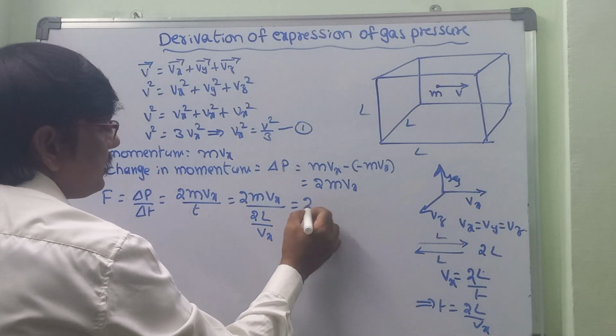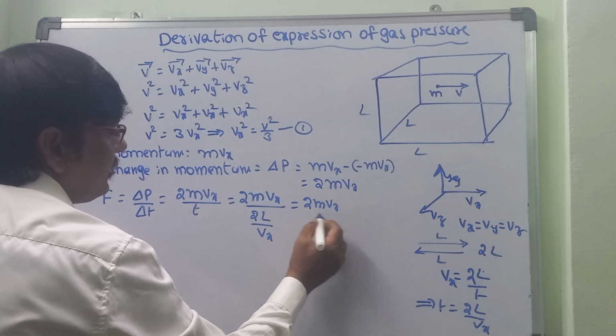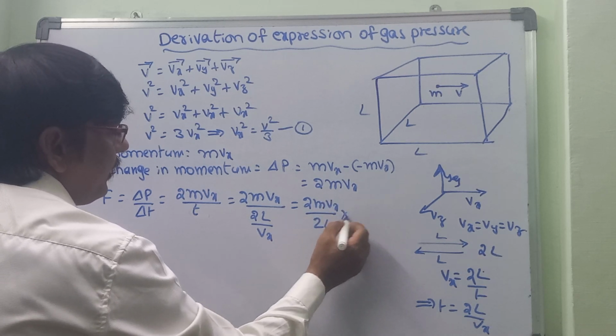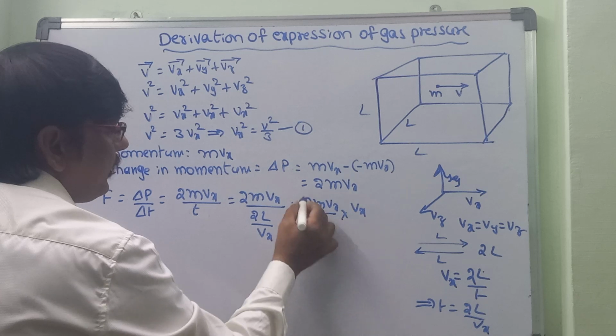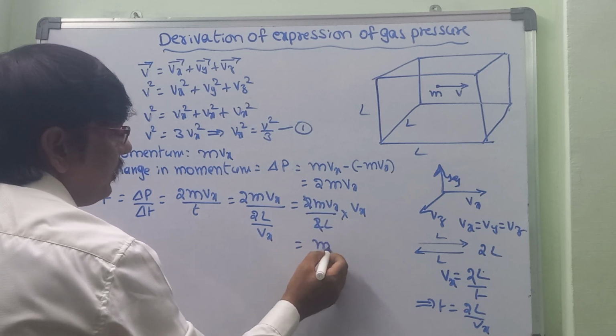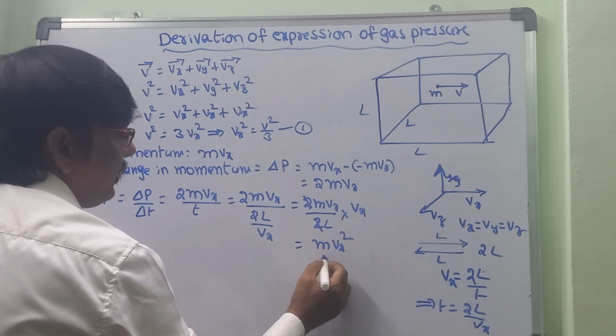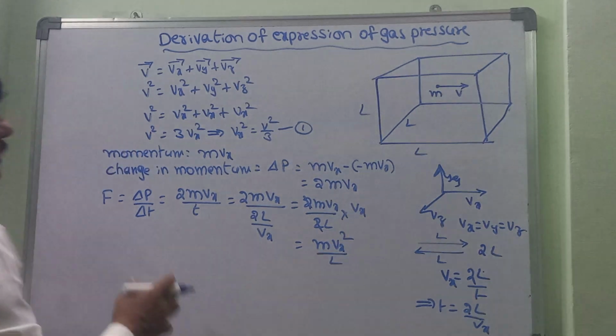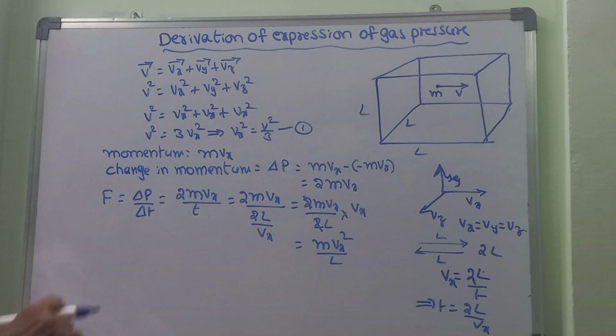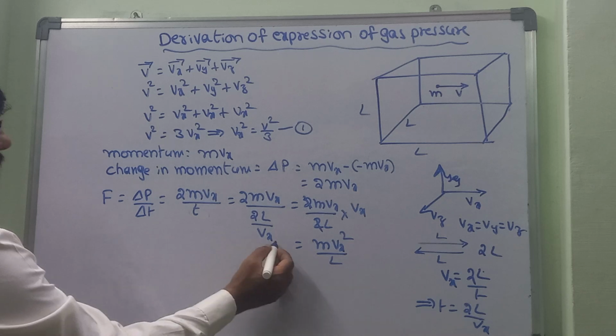So this becomes 2mVx by 2L into Vx. The 2 and 2 cancel, and ultimately we get mVx square by L. This is the force.